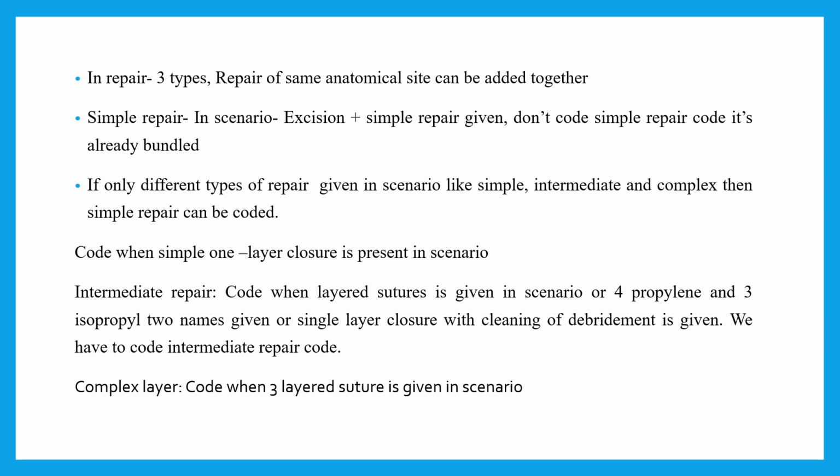They will not indicate intermediate repair directly. Sometimes you should search for the terms layered sutures. Layered sutures means intermediate repair. The two names, 4 propylene and 3 isopropyl, mean intermediate repair. And single layer closure with cleaning or debridement is intermediate repair. So we have seen three terms that indicate intermediate repair.